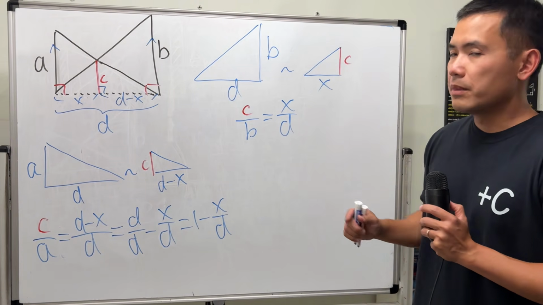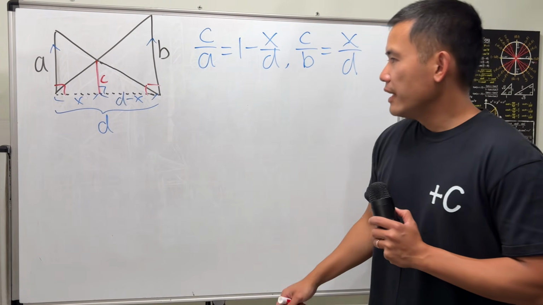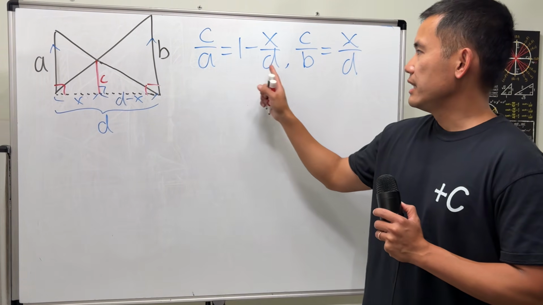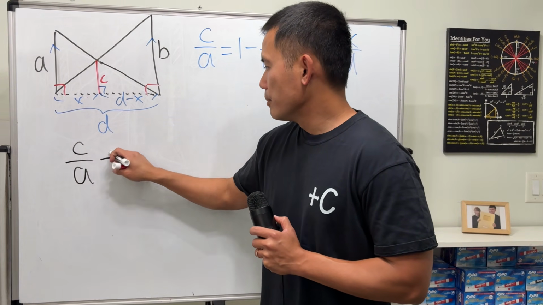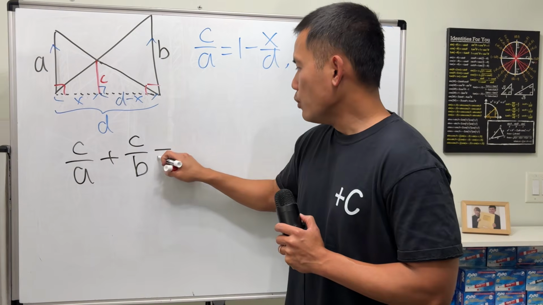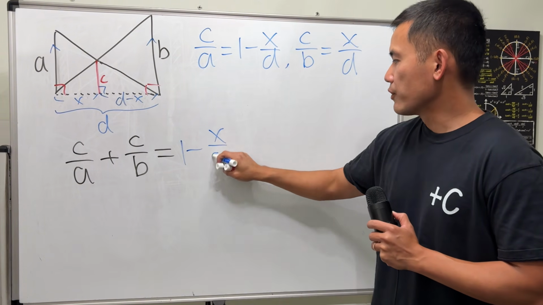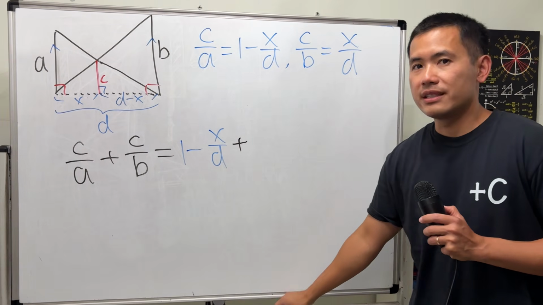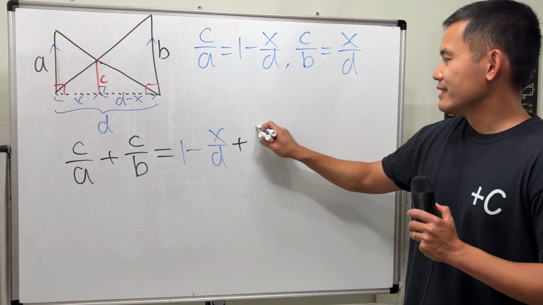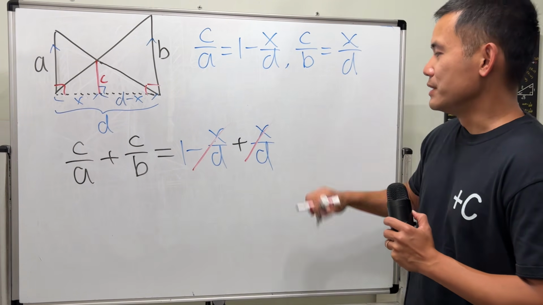I'm just going to write them again for you guys on the board. So that's what we have from earlier. And now we're just going to add this and that together. Have a look. C over A plus C over B will just be equal to 1 minus x over d, and then we add that, which is just x over d. And of course, this and that will just be 0.